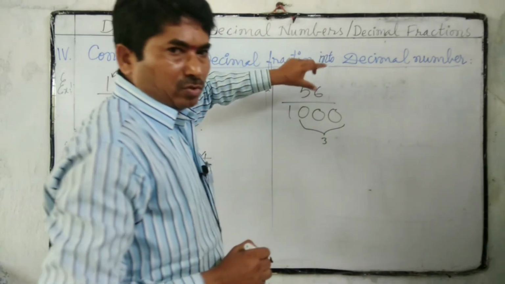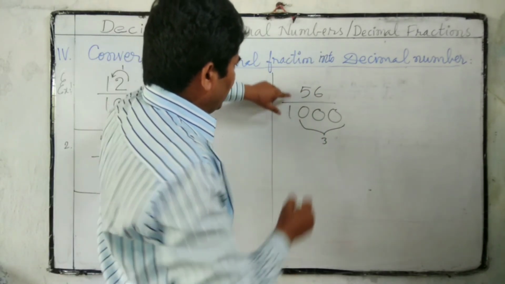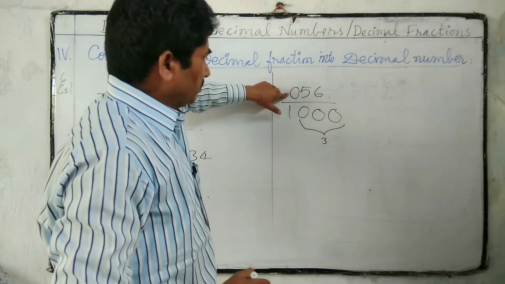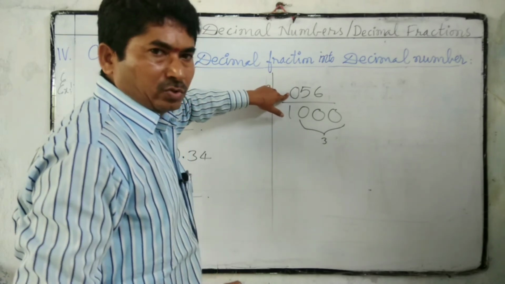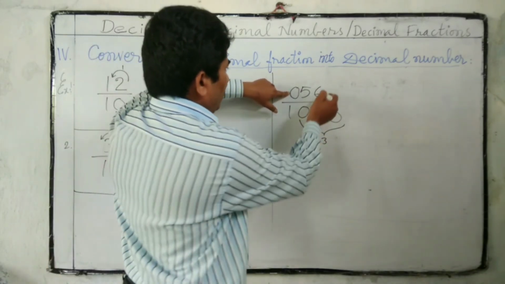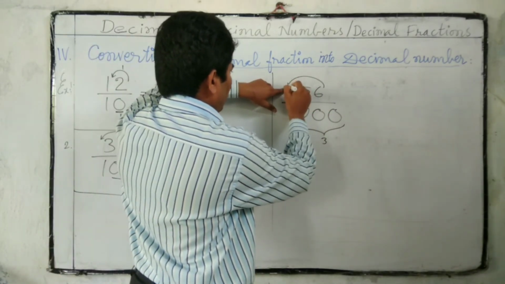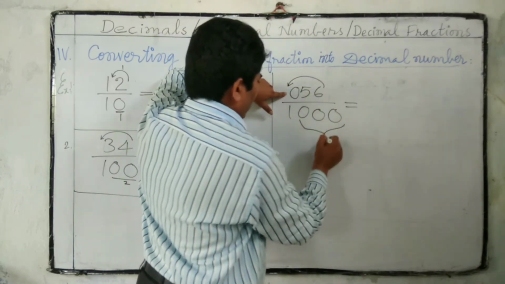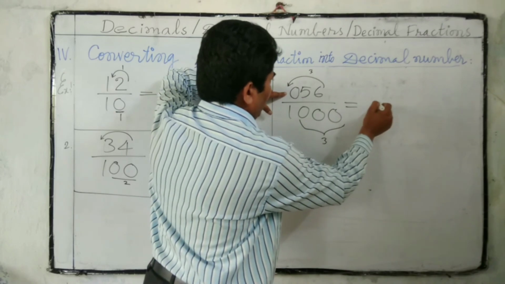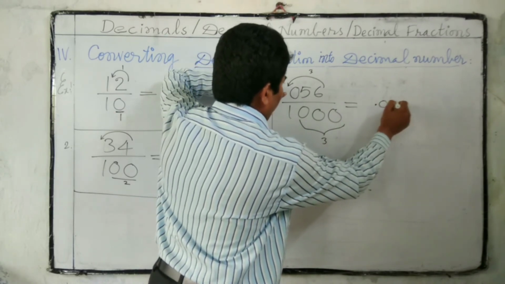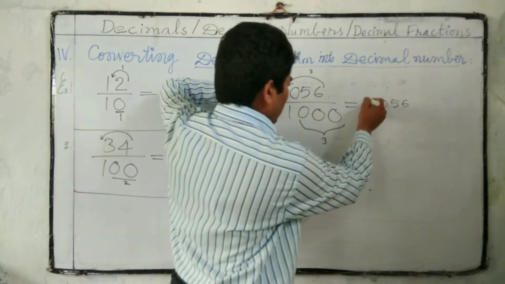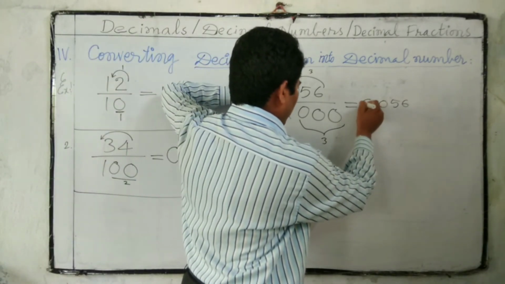Here no sufficient places. In that case we have to keep zeros. Those many needed. 1, 2, 3. Here point will come: 0.056. To give prominence to this whole number part, we have to keep 0.